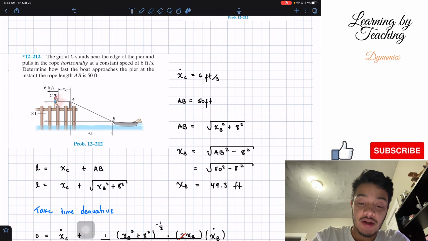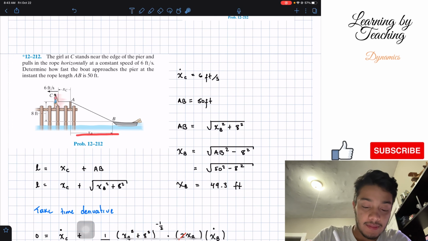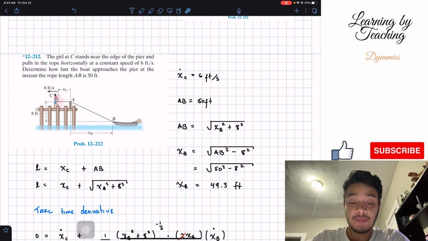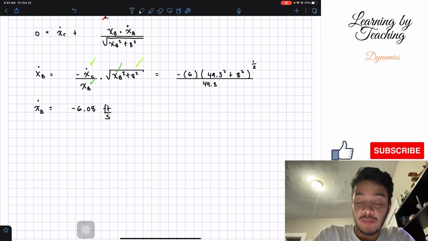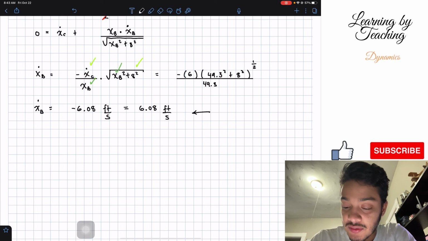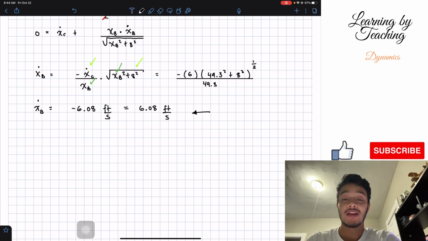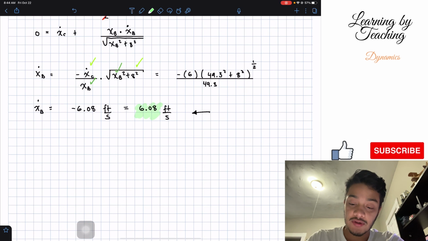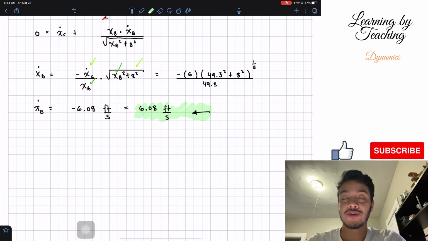That means that our boat is approaching at a total of 6.08 feet per second to the left. We can also write it as 6.08 feet per second going to my left. And this should be our answer for this problem.